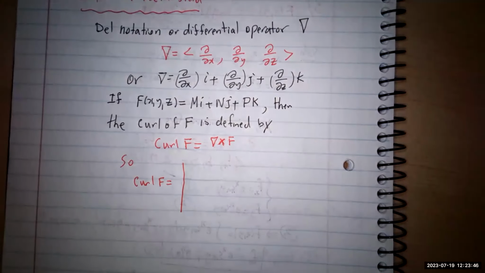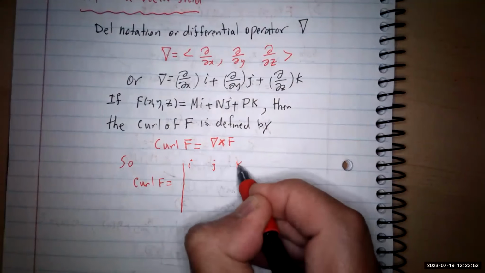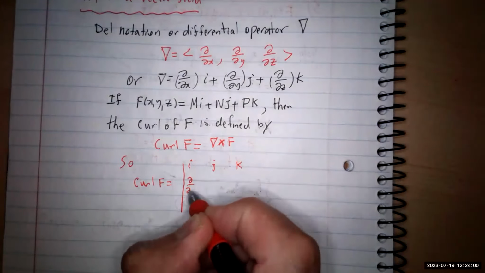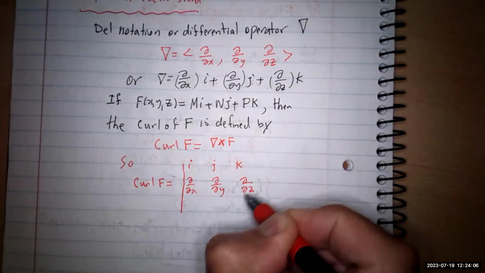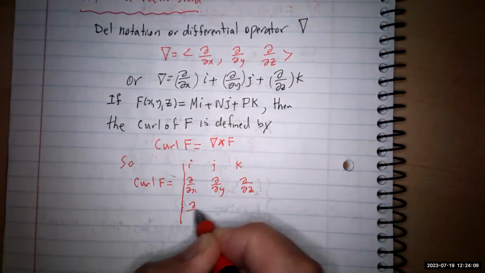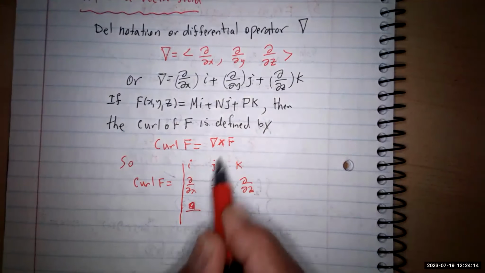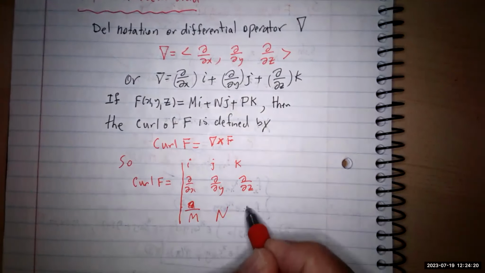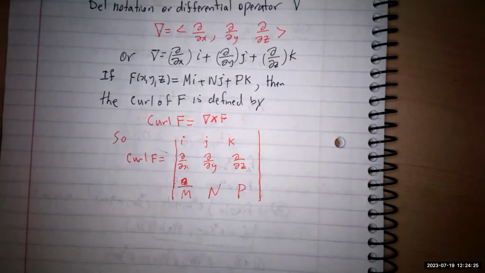Remember, i, j, k. Then the first vector, the differential operator, so that's going to be round x, round y, round z, and this is going to be F. So the first component is M, N, P. This is easier to memorize in this form.